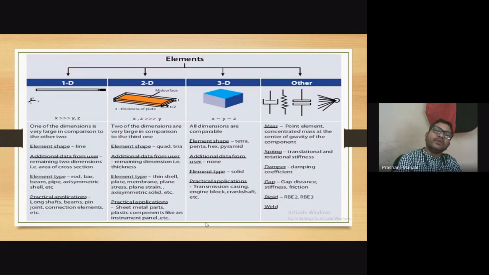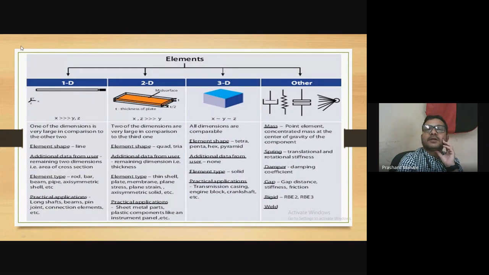If I go into more details, 1D, 2D, 3D, and other elements are included here. Can you see other is also included? Now I'm going into details: when we have 1D, what quality does it have?